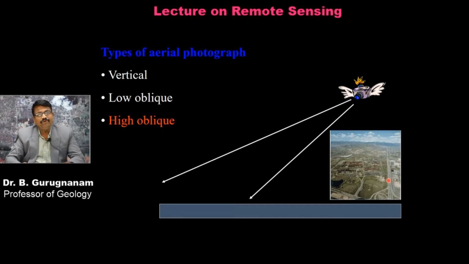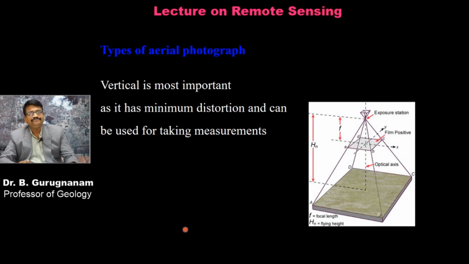But normally if you want to map where a flood or any disaster is, you don't need to look at scale. You need to know the condition of the terrain, or to map the disaster zone, and you can use this type of photograph. So there are three types: vertical, low oblique, and high oblique. For high oblique, keep in mind that at one angle it falls on the ground, and the other angle of the photograph is very high, it touches the sky.